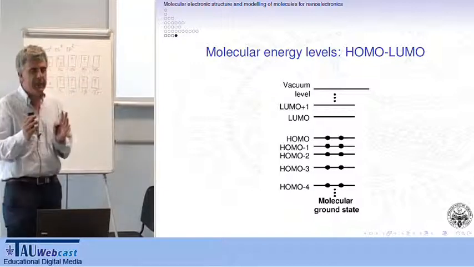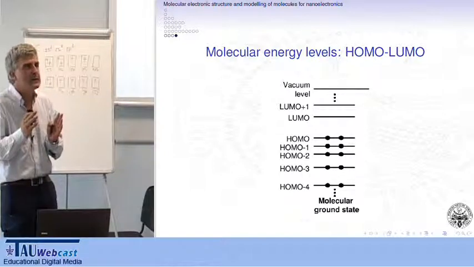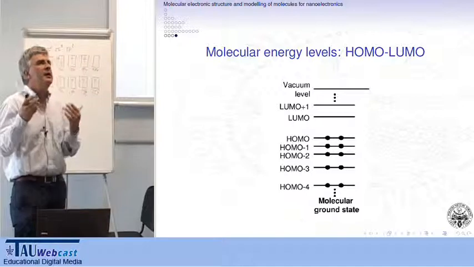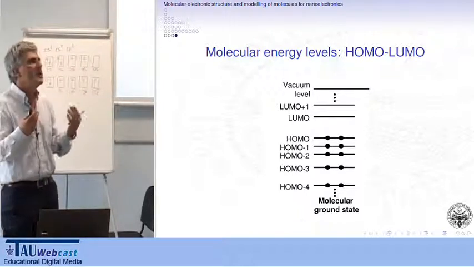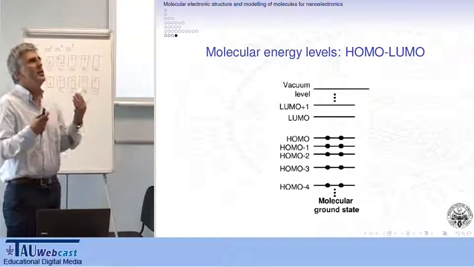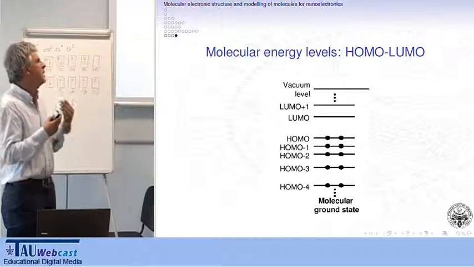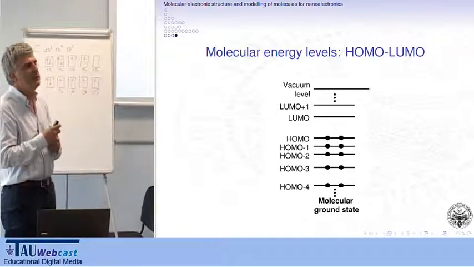This is the basic idea. Starting from this, we will try to understand how a molecule can interact with electrons and how electrons can move from metal, from interfaces, to the molecule, and from the molecule to the electrodes. But this will be the topic of the next class.